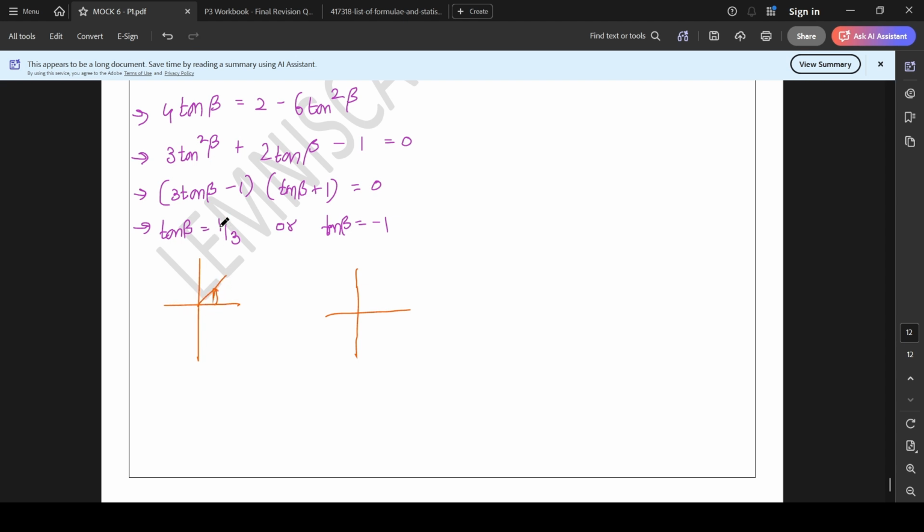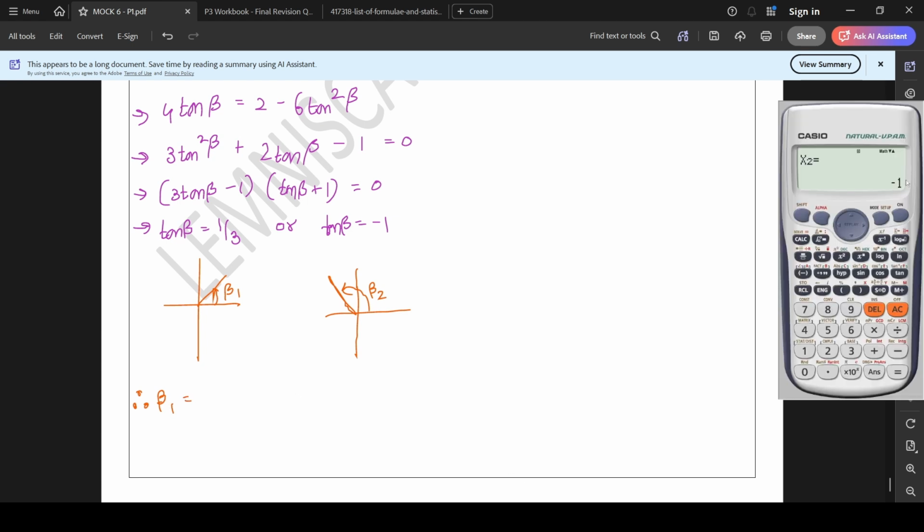So this is simply tan inverse of 1 by 3. And tan is negative in the second quadrant. So this value is going to become beta 2. This is beta 1. So beta 2 will come out as 180 degrees minus this smaller angle, which is nothing but tan inverse of 1, which is 45 degrees.